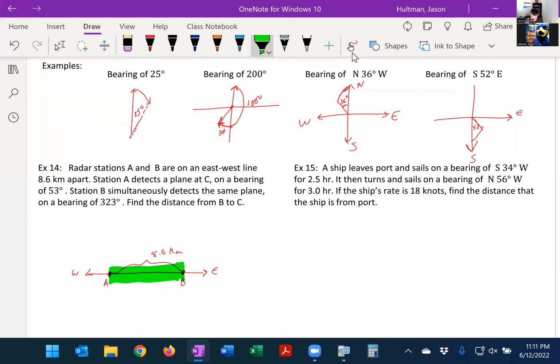It's saying station A detects a plane at C on a bearing of 53 degrees. So station A has a bearing of 53 degrees, and that's 53 degrees from north. So let's draw our north-south line here at A. And so we're going to go 53 degrees from north.